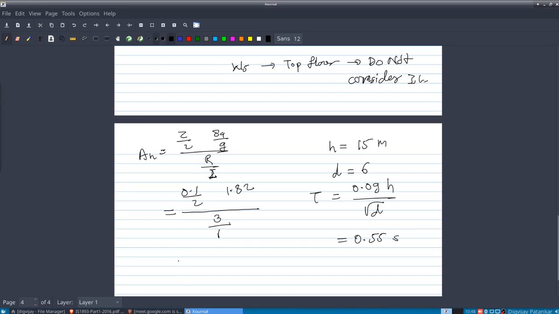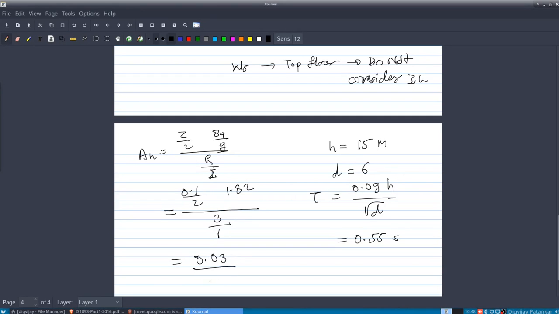That's it. So this will give you whatever the AH value is. Calculate this and tell me what it is. 0.03.